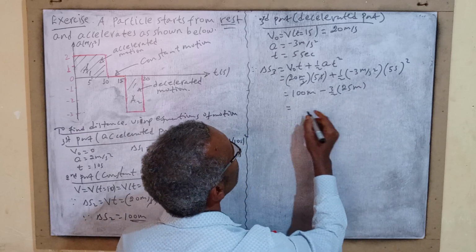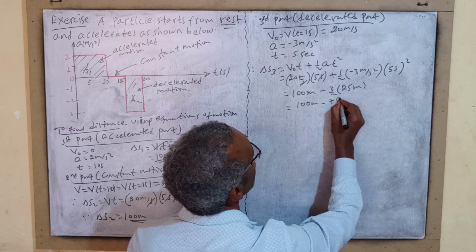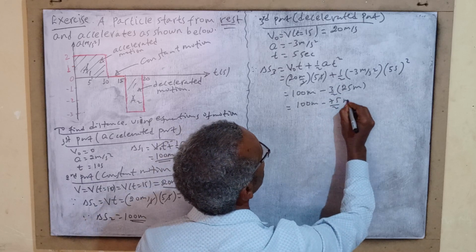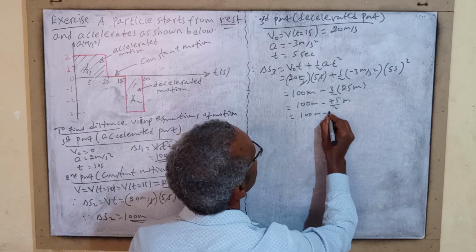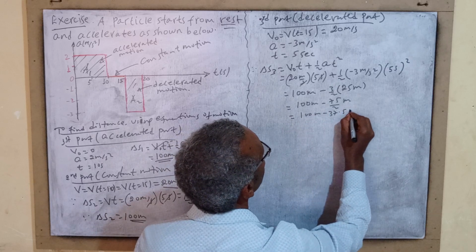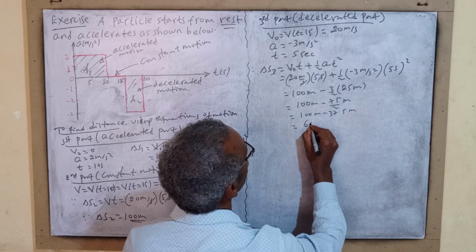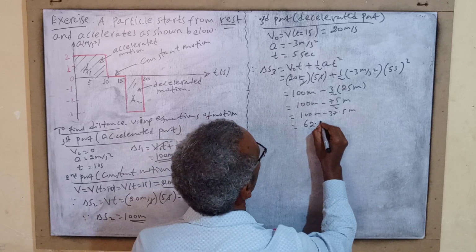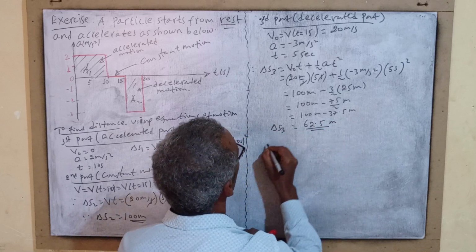This is equal to 100 meters minus 75 over 2 meters, which is 100 meters minus 37.5 meters, equal to 62.5 meters. This is distance 3.